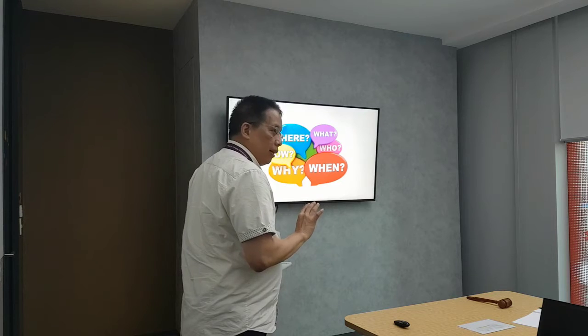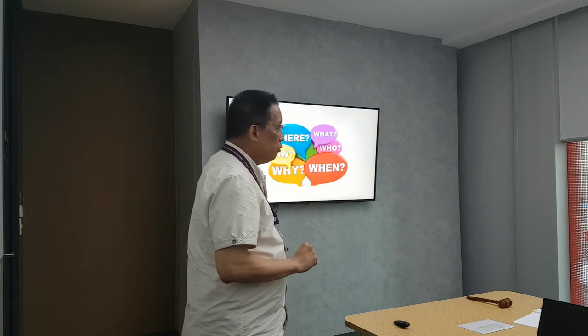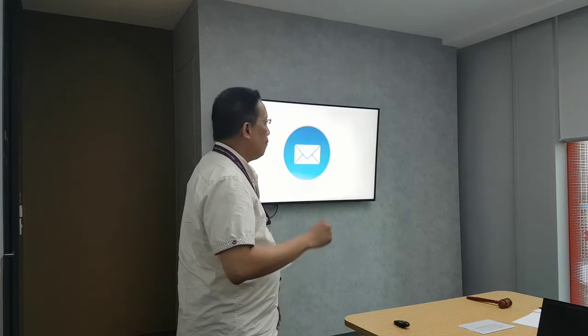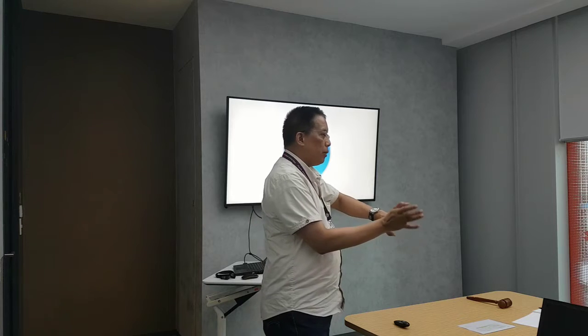Once you're done with the story, move on right away to your message. What is the key point that you want your audience to do? Maybe you want them to start saving money, or maybe your message is you want them to be punctual, or perhaps your message is you want them to invest in certain stocks.